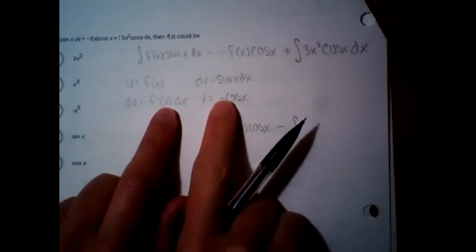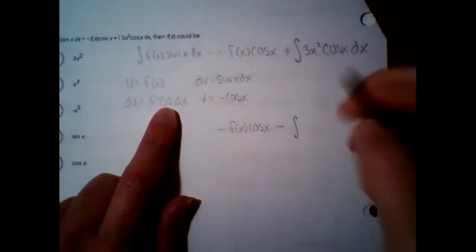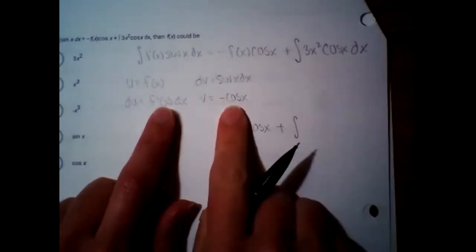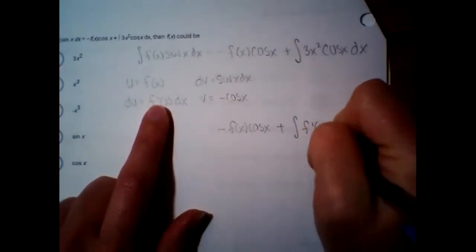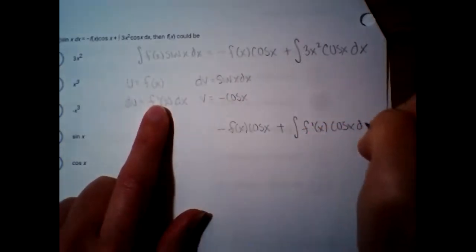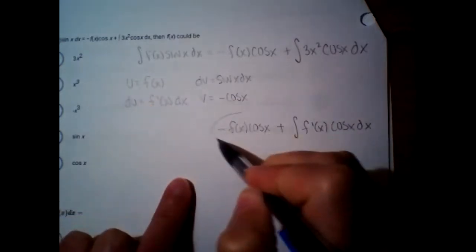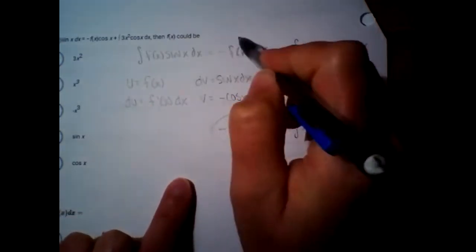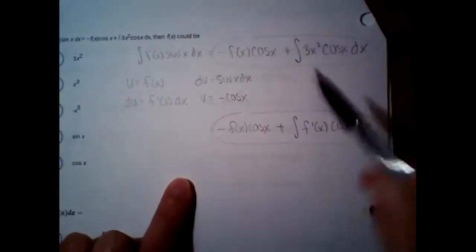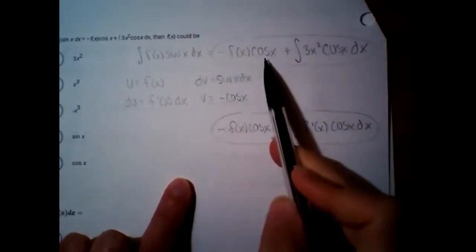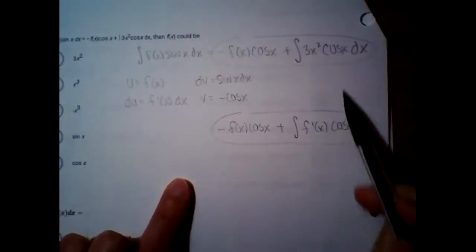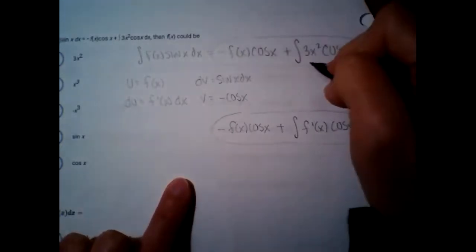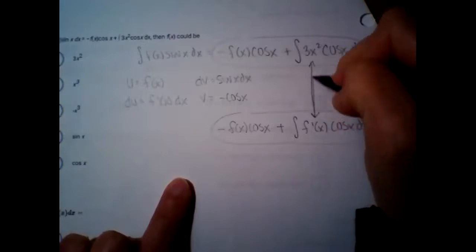So the negatives are going to cancel, so this will be plus, and it is f prime of x cosine of x dx. So we're looking at how this matches up with what they told us it should equal. And so the first part matches perfectly, that's good. And then this second part, the cosine of x dx matches up, and then these two terms match up.